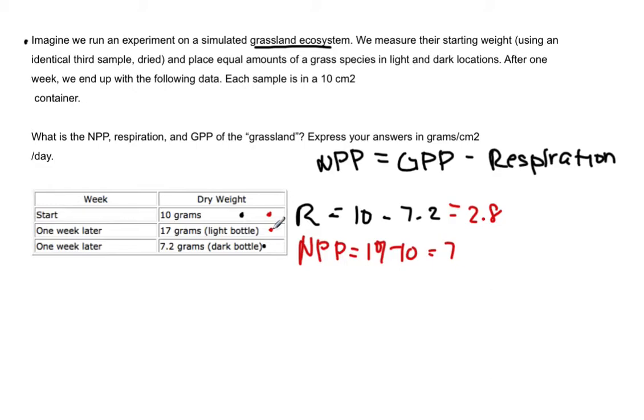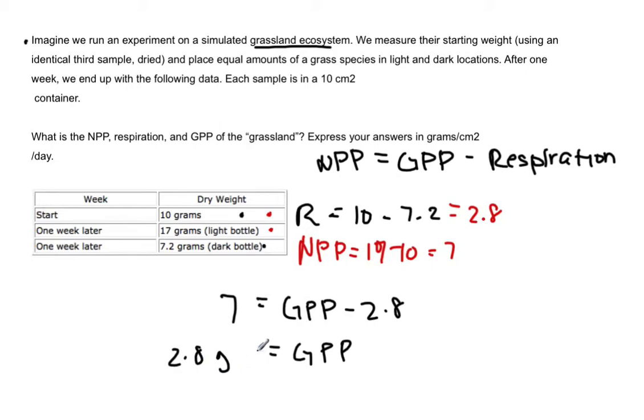And I'm going to go ahead and continue and fill in my equation now that I figured out those two. So I have 7 equals GPP minus 2.8. And that's going to give me GPP equals 2.8 grams.